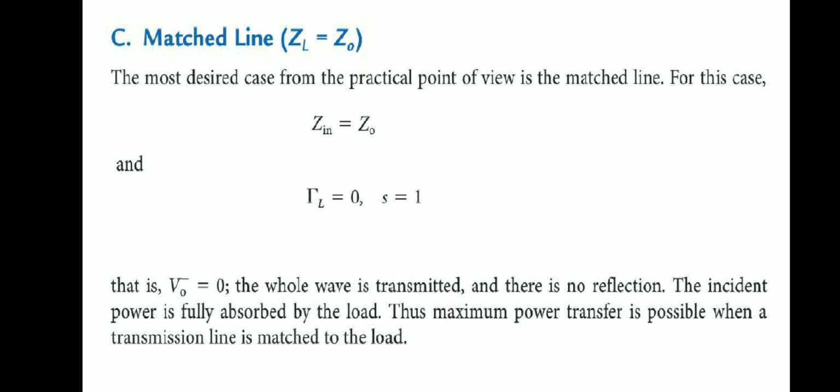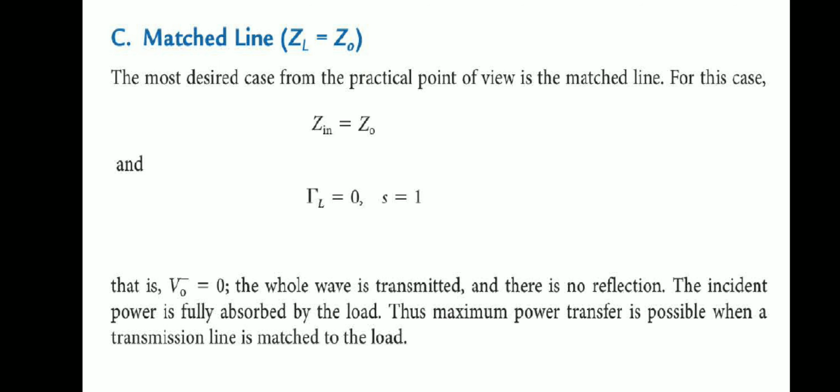The VSWR equation is 1 plus modulus of gamma L divided by 1 minus modulus of gamma L. If modulus of gamma L is 0, then you will get S as 1 itself. So the wave is transmitted, there is no reflection, the incident power is fully absorbed by the load, thus maximum power transfer is possible when a transmission line is matched to a load. So this is the condition.